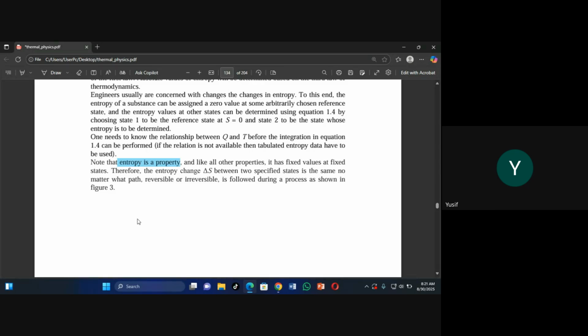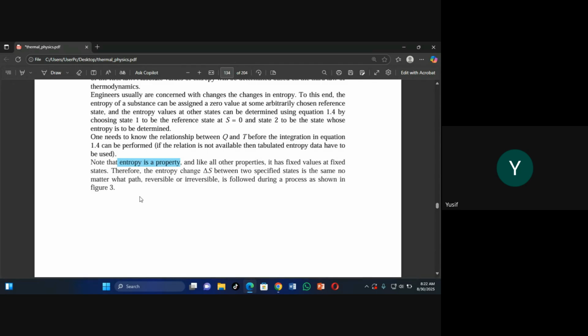If you take the specific heat capacity of copper, it's the property of copper. It means any copper that we take has that same value. The same thing applies. So if you take the entropy of a certain system, it's fixed. So irrespective of the quantity of that system, whether more or less, the entropy is still the same.